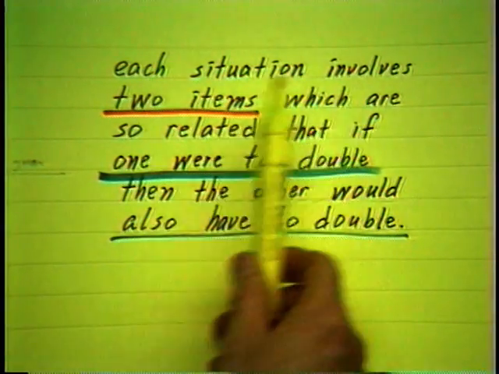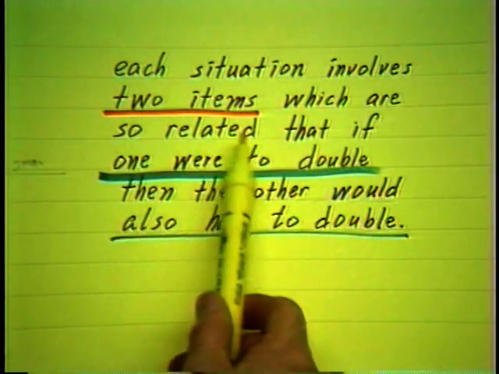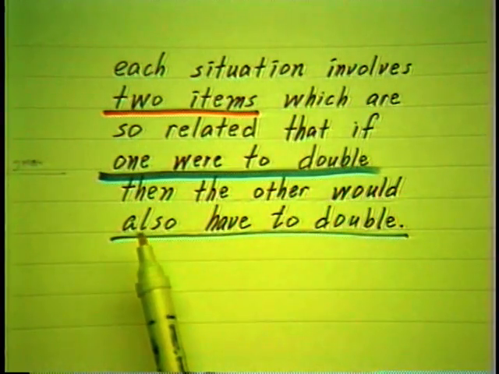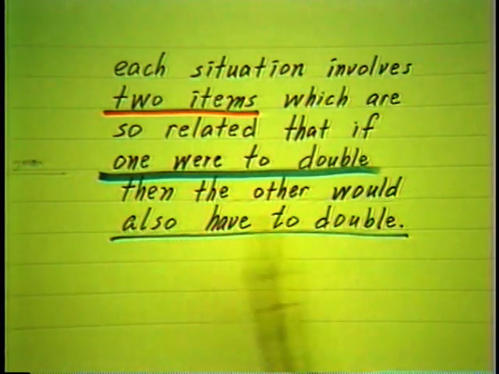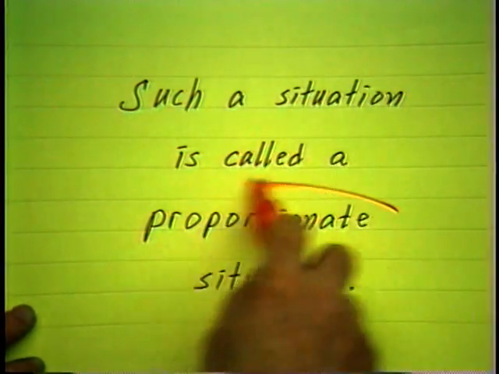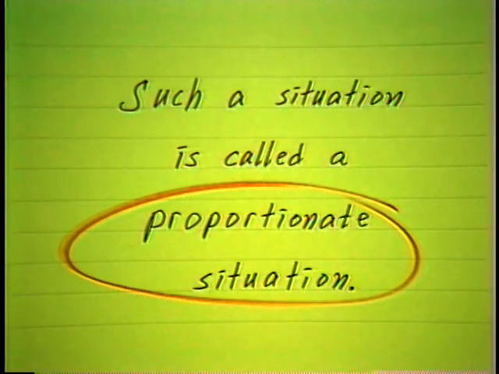Again, each situation involves 2 items which are so related by nature that if one were to double, the other would also have to double. Such a situation will be called a proportionate situation.